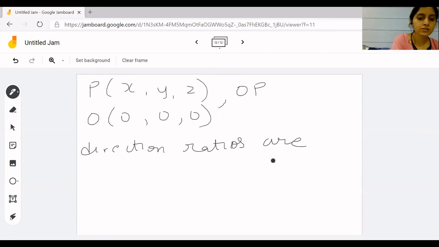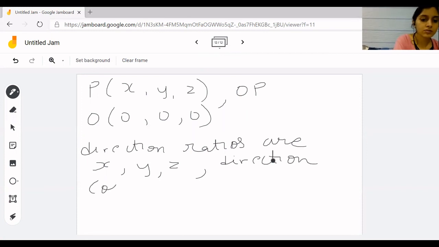The direction ratios are X, Y, and Z, and the direction cosines are, what are direction cosines?